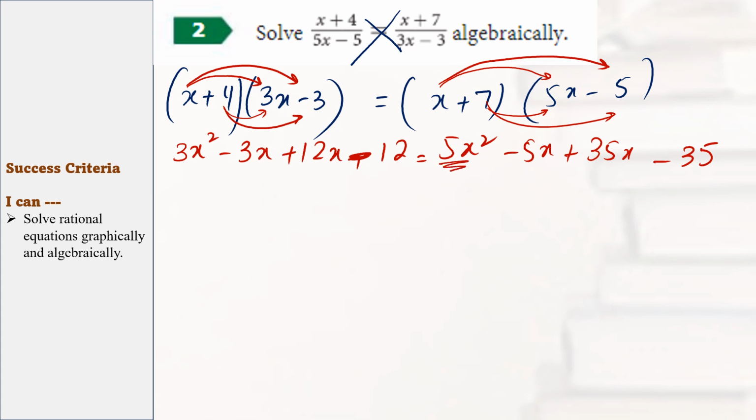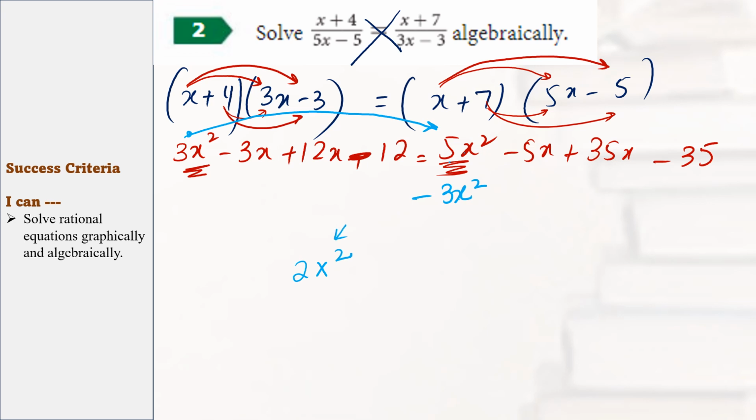Now here is the x², here is the x². So bring all the x² on one side. I prefer to bring this on this side because it is the bigger x². So minus 3x². Now since we have 5 minus 3, I will get ultimately 2x², which means it is a quadratic equation.